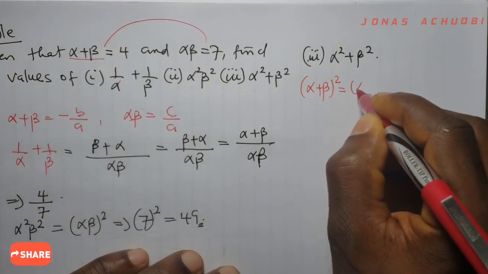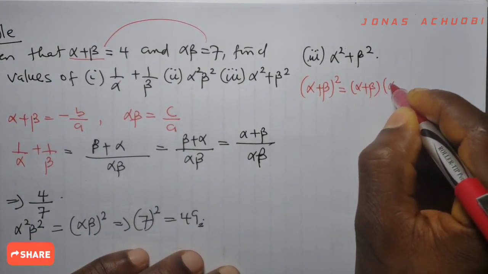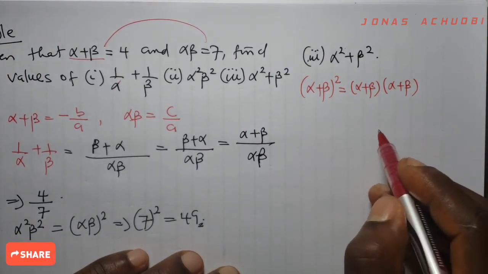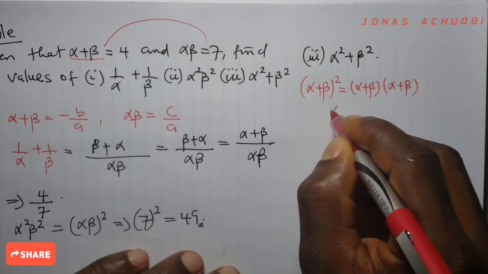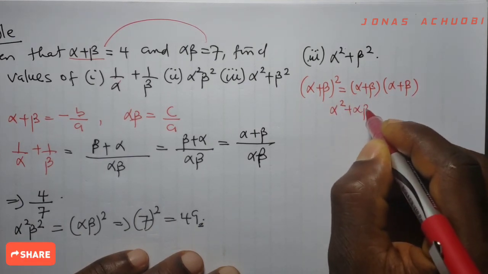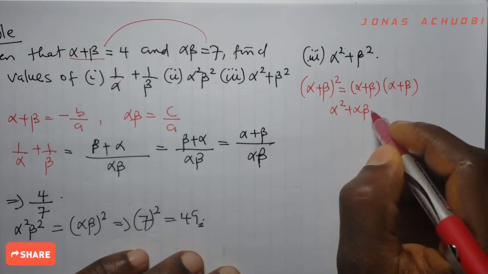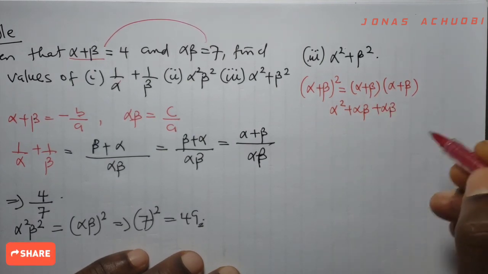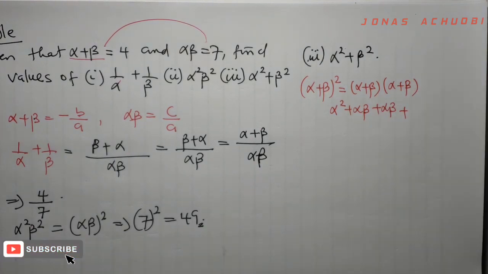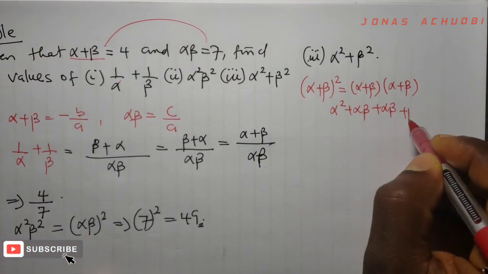This simply means alpha plus beta times alpha plus beta. If we expand, we have alpha times alpha is alpha squared. Alpha times beta is alpha beta. Beta times alpha is alpha beta, or beta alpha, is the same. Plus beta times beta is beta squared.